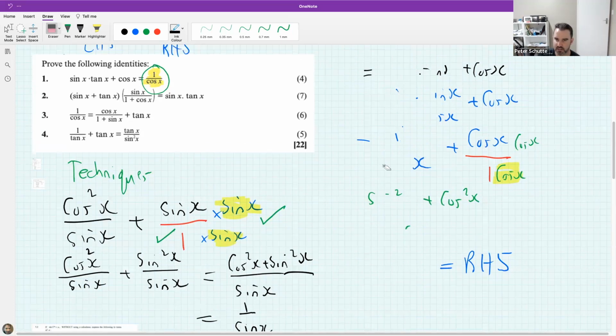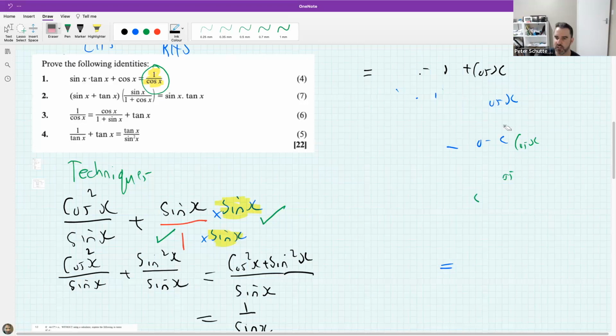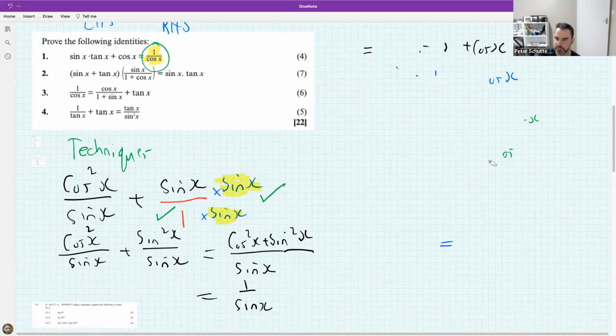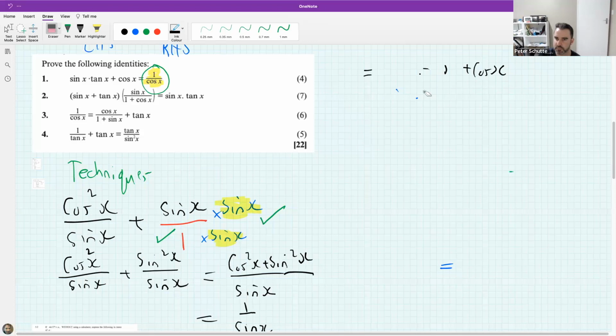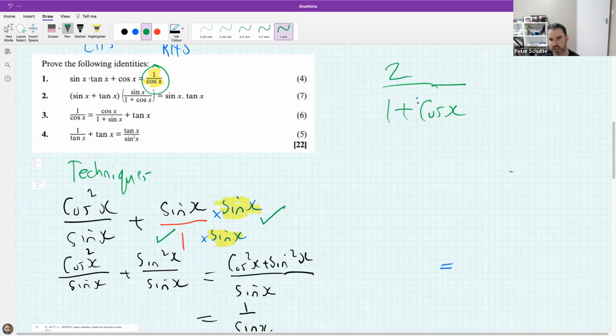The other techniques that I want to make you aware of are multiplying. Let me actually choose something like, so sometimes you will see that we have like 2 over 1 plus cos x, and maybe I have, let's say, 1 plus 1 minus x.